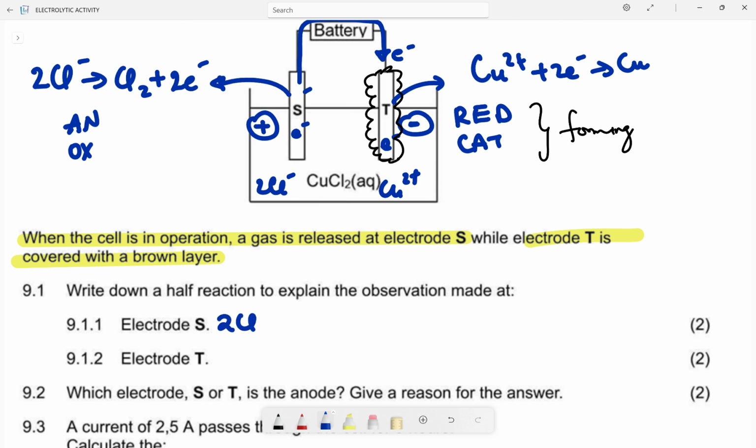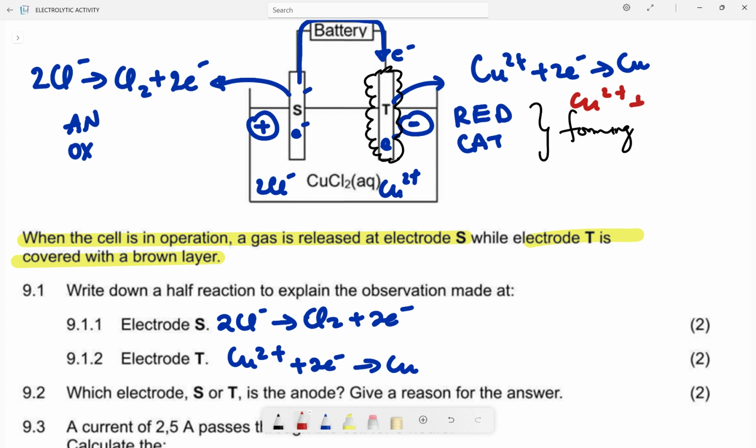It's fine. 2Cl minus goes to Cl2 plus 2 electrons, and then Cu2+ plus 2 electrons forms copper. Guys, don't make the mistake of using this copper the wrong way.